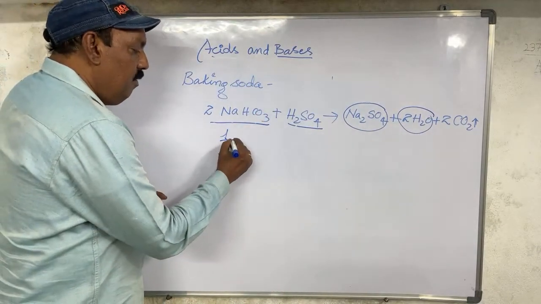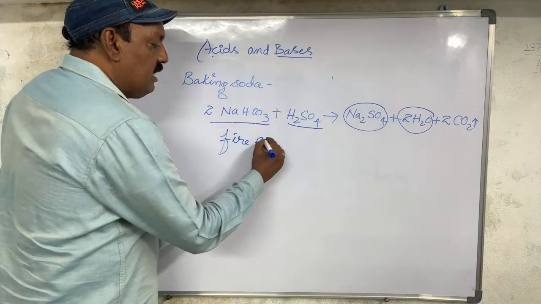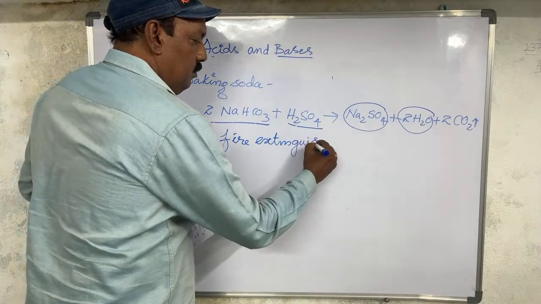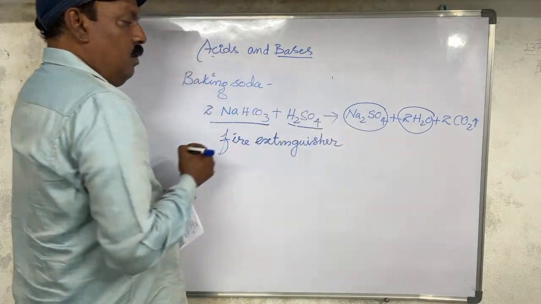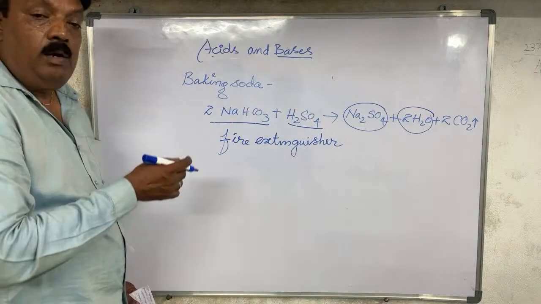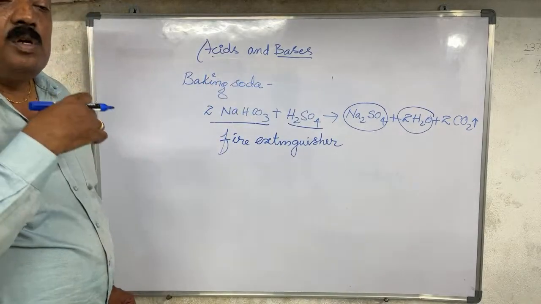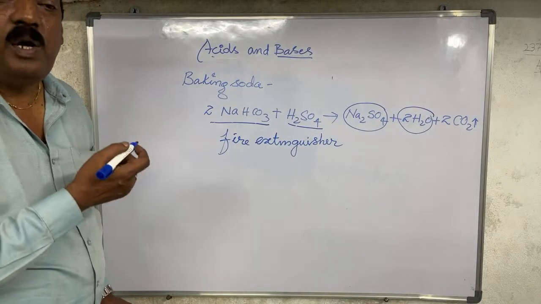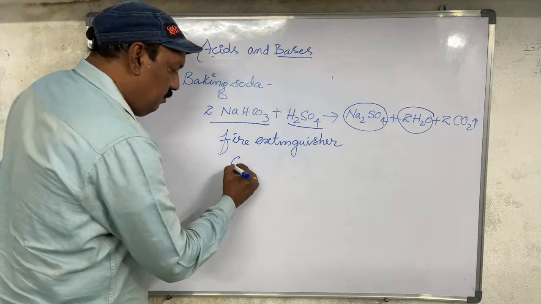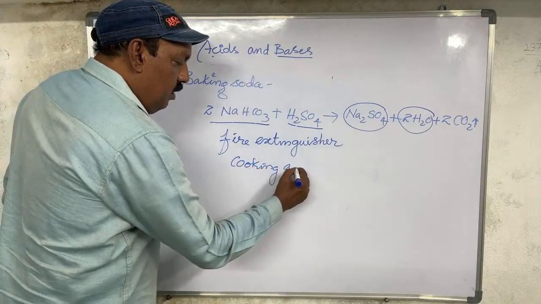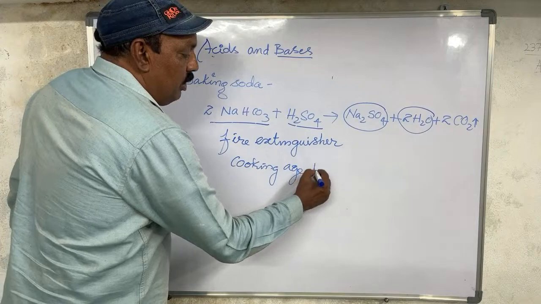That is what we call a fire extinguisher, used in all fire engines. And one more thing: this baking soda is also used in cooking, as a cooking agent. Why do we use it as a cooking agent?